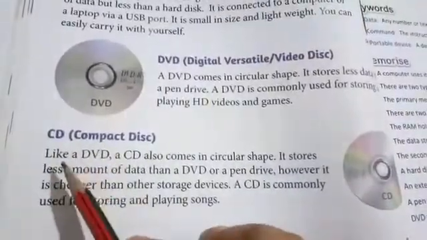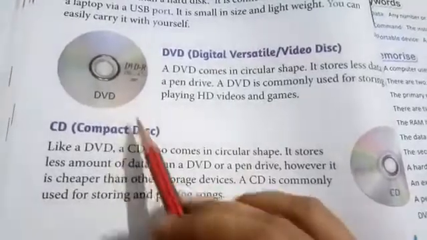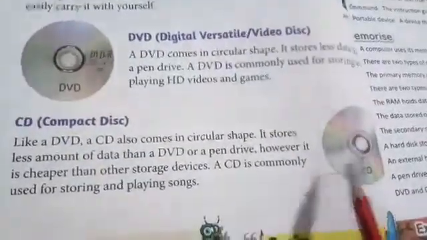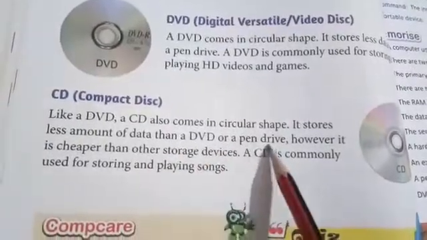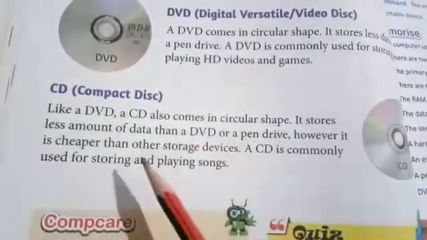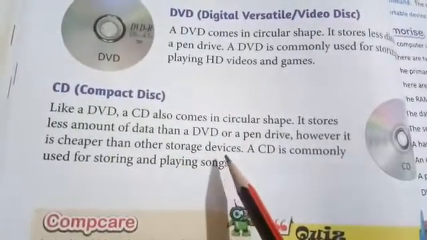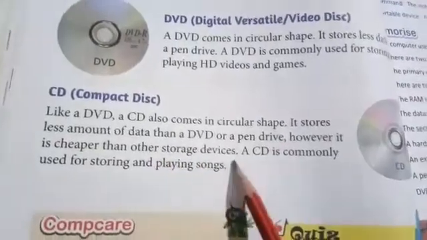Now CD, compact disc. Like a DVD, a CD also comes in a circular shape. Its picture is given here. It stores less data than a DVD or a pen drive. However, it is cheaper, meaning less costly, than the other storage devices.